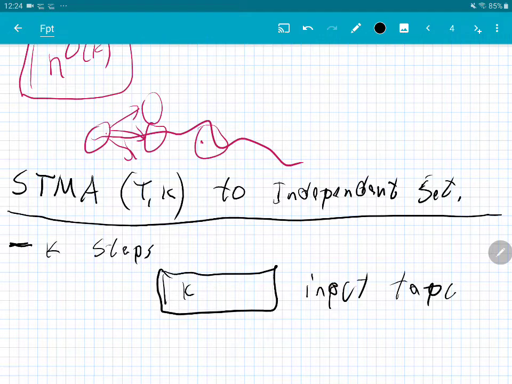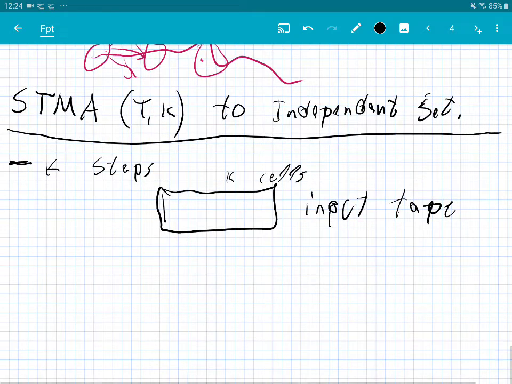And so you can think that all our argument is going to be restricted to the first k cells of the machine. Okay. So that's one important thing.